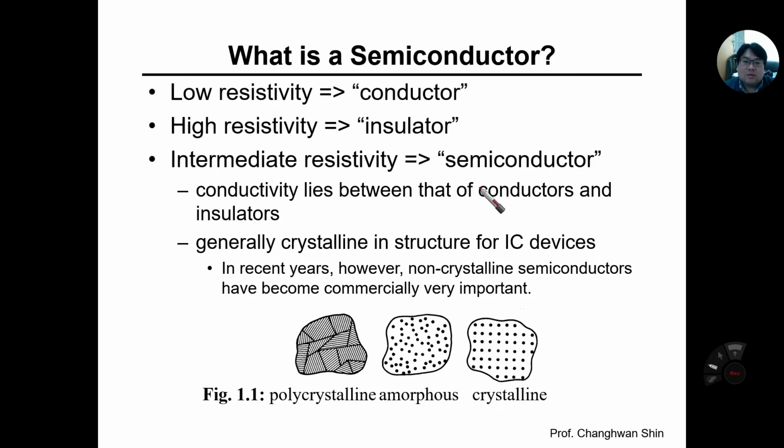So let's take a look at some details in this slide. So here, conductor. Conductor means it has a humongous number of tons and tons of electrons. So those electrons can easily flow the current.